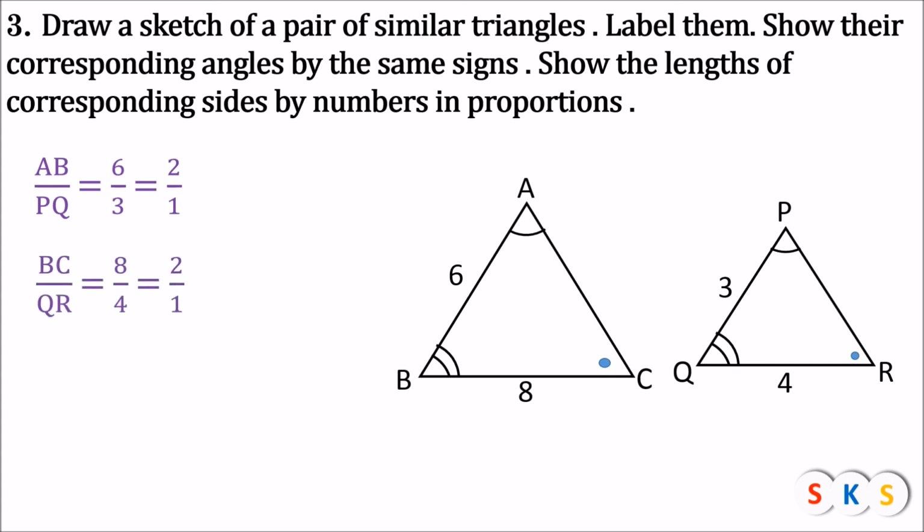I have taken AC as 4 and PR as 2, so AC upon PR equals 4 upon 2 equals 2 upon 1. So all three ratios have the same value, that is 2 upon 1. Therefore, AB upon PQ equals BC upon QR equals AC upon PR. It means the ratios of corresponding sides of those two triangles are in proportion.